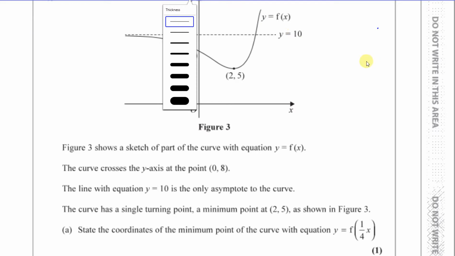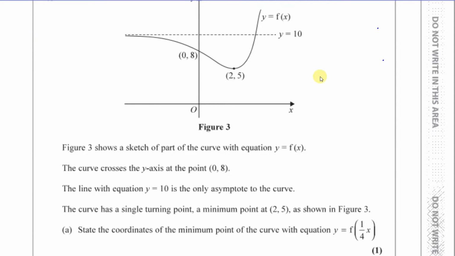With transformations, if a transformation takes place inside the function, inside the bracket, then it only affects the horizontal kind of transformation. So it only affects the x values of the graph. It will not affect the y values.